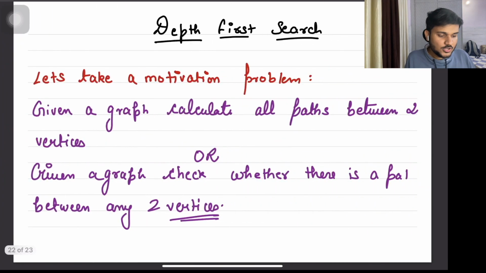Okay, so what is depth first search? Before moving forward with this current slide, I would like to show you some problems where you can see some real life applications of depth first search.